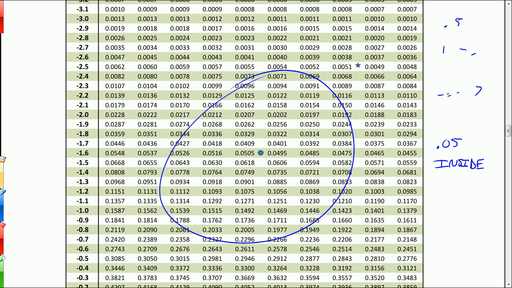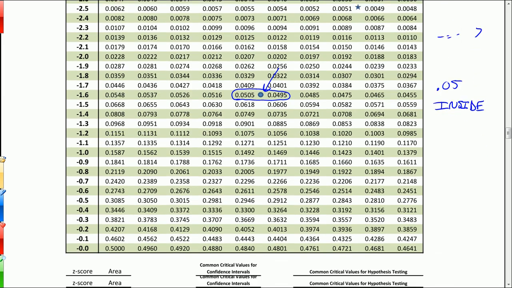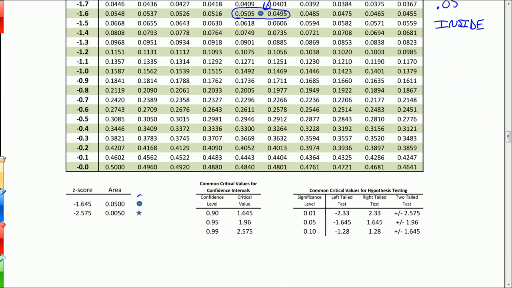As you search and scan, what you find is an unusual situation, where you have 0.0505 and 0.0495, and 0.05 is right in the middle. So neither one is actually closest, but you should notice there's a little dot right there. That's the dot you're looking for. If you scroll down, here's that dot.